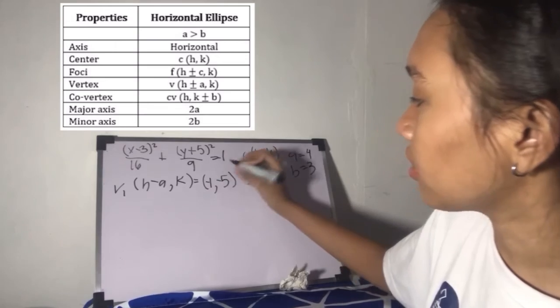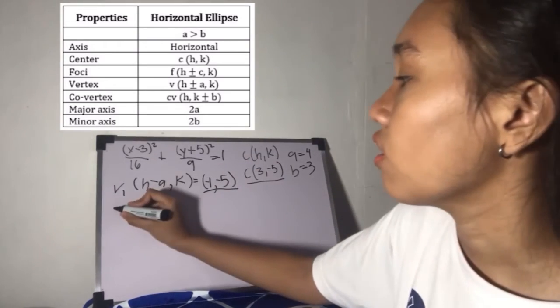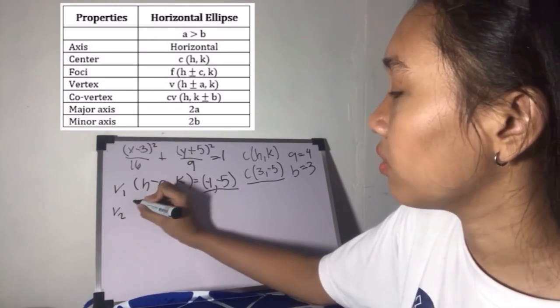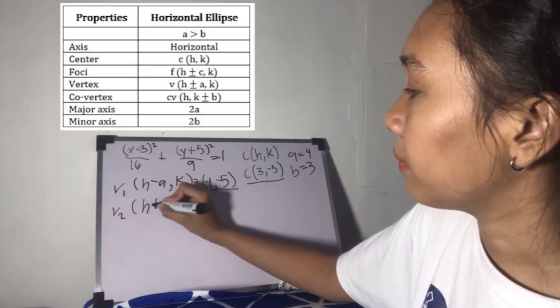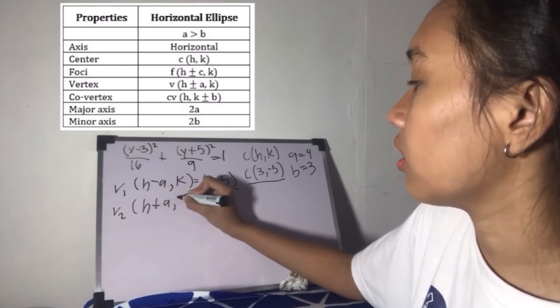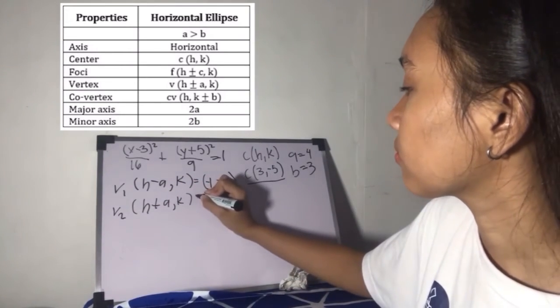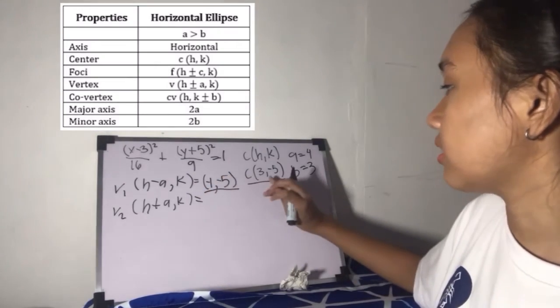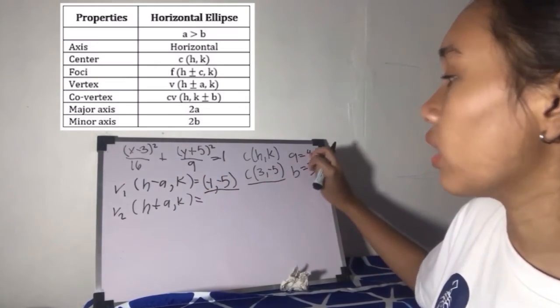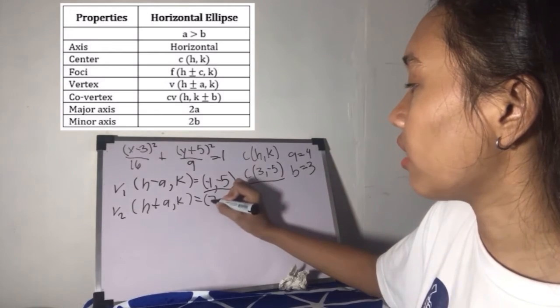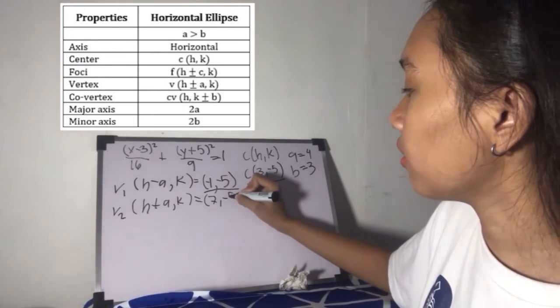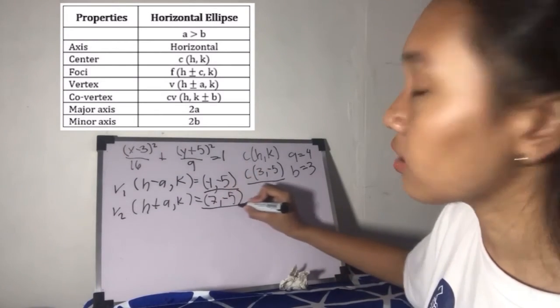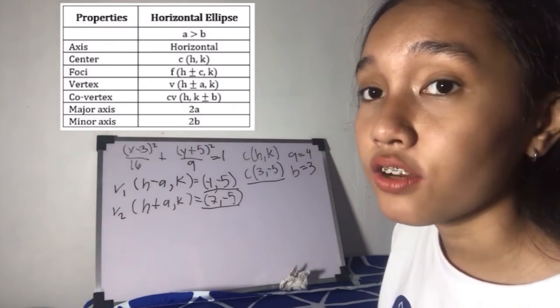That means this is our first vertex. For the second vertex, we have h plus a and k. Our h is 3, so plus 4, that will be 7 and negative 5. And this is our second vertex.